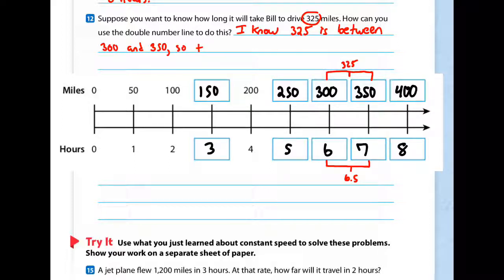So the answer is between 6 and 7 hours, which is 6.5 hours. Now, if you came up with 6.5 hours, great. Even if you don't have the same sentence that I do, but make sure you explain how you did it. All right, let's go on to number 13.